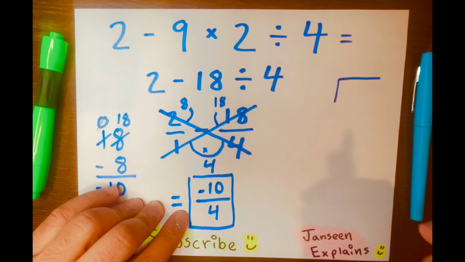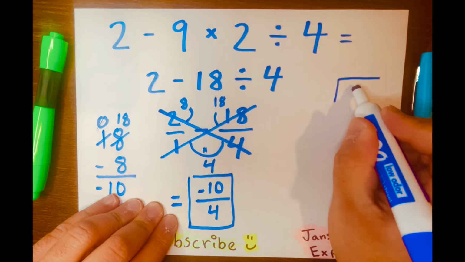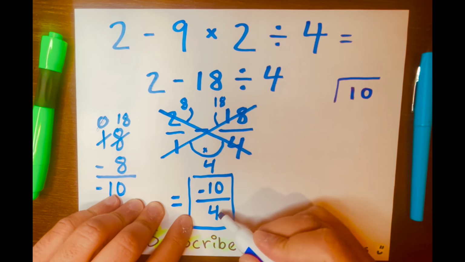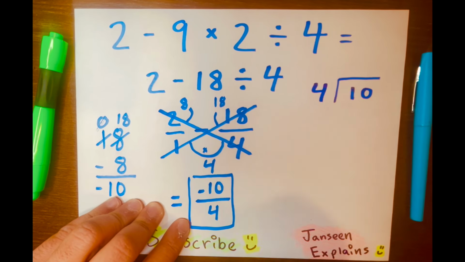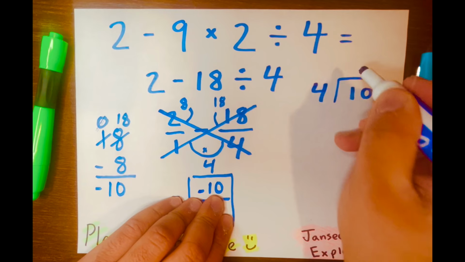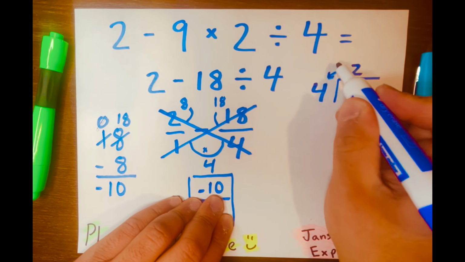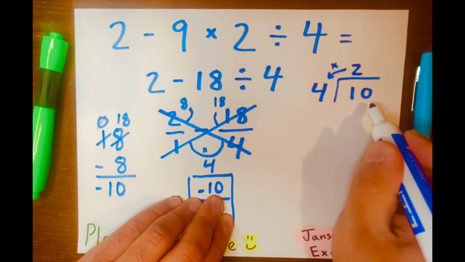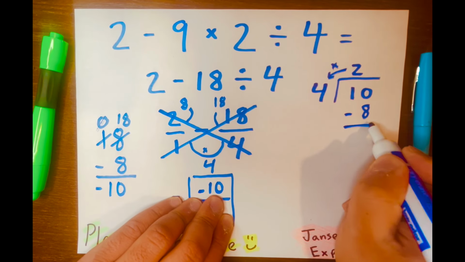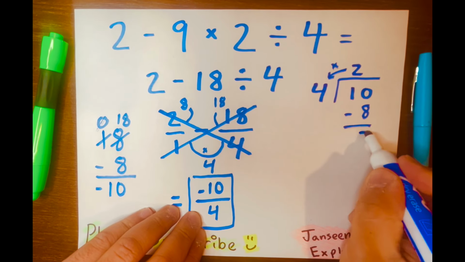So the 10, the numerator, is the dividend that goes inside the long division symbol. The 4 goes outside the long division symbol. How many times can you fit 4 into 10? 2 times. So I'll write the 2 up here. And then you multiply 2 times 4, which equals 8, right? And then we subtract 10 minus 8, which is 2.